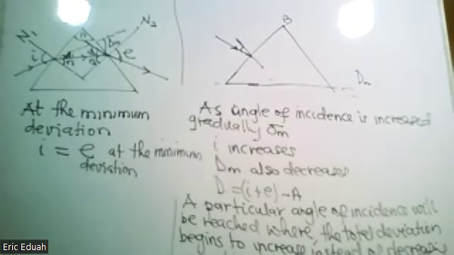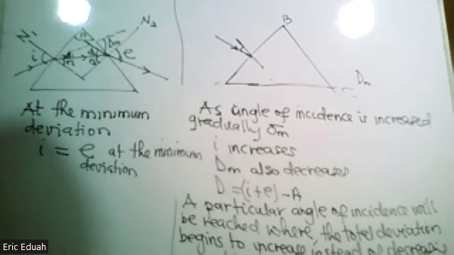And we said that at the minimum deviation, the incident ray passes through the prism symmetrically.